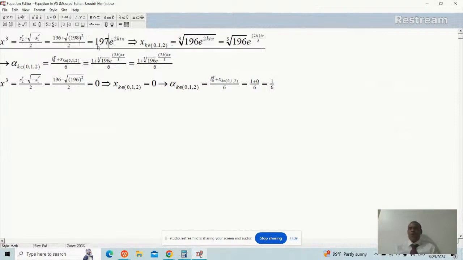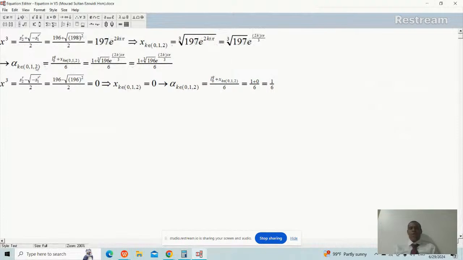Therefore, xk for k from 0 to 1 and 2 is the cube root of this, 197, which is equal to the cube root of 197 exponential to k i pi over 3.